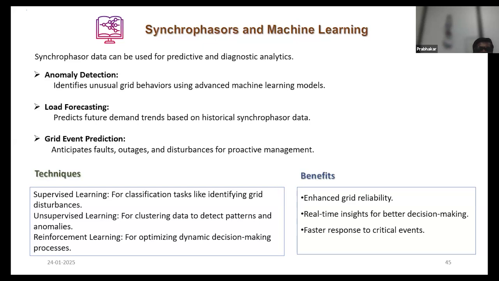Then load forecasting, as you know, and various techniques can be used, because on a daily basis new algorithms and new techniques are evolving. Even that has made the analysis very simple. Even some people, without understanding the algorithm itself, can start working, just to see how far these algorithms are superior in nature.